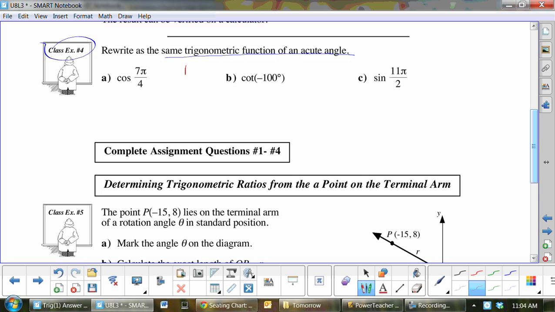Okay? But let's find out where 7 pi over 4 is. Now remember, this is 1, 2, 3, 4, 5, 6, 7. I'm right here. That's 7 pi over 4. So the first thing you do is obviously determine where you are, right?